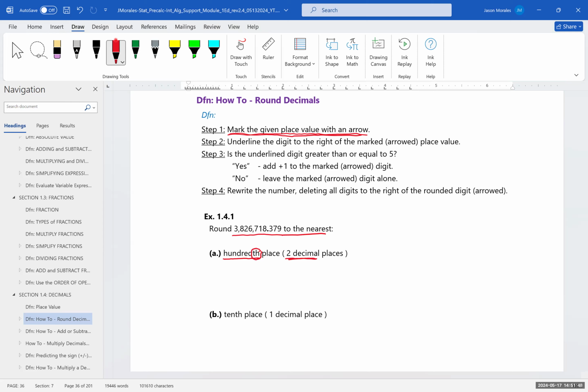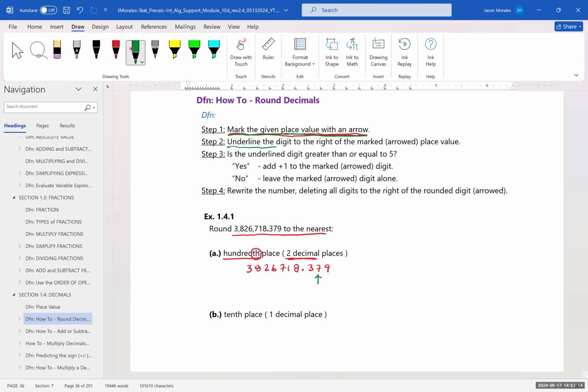So let's write out this number, 3,826,718.379. Okay, so the hundredth place is this one. Step one is to mark the given place value with an arrow, which is what I just did.